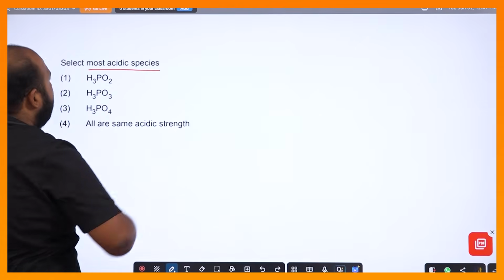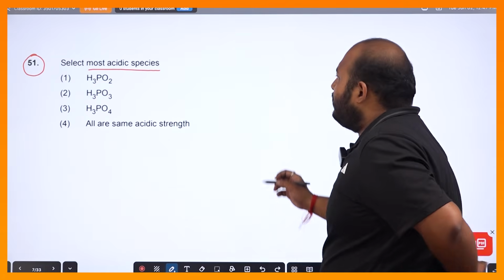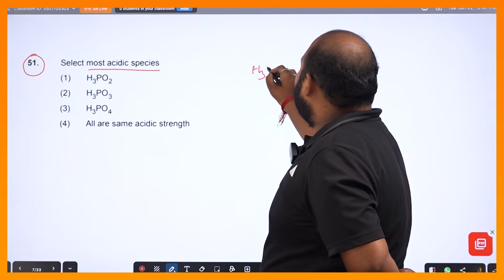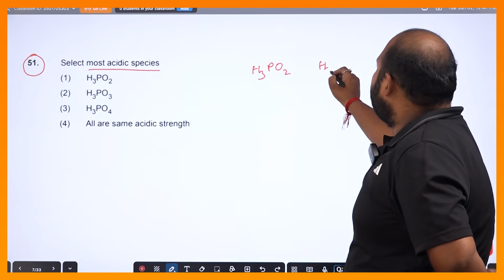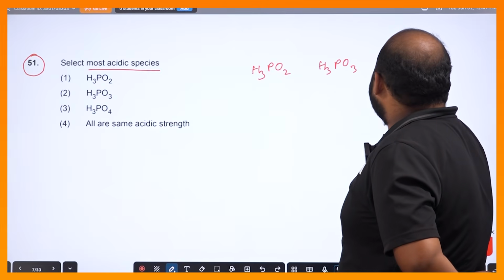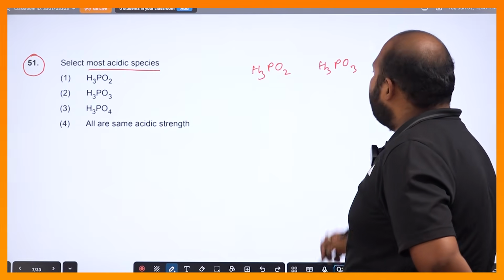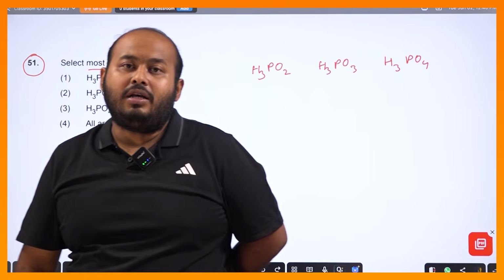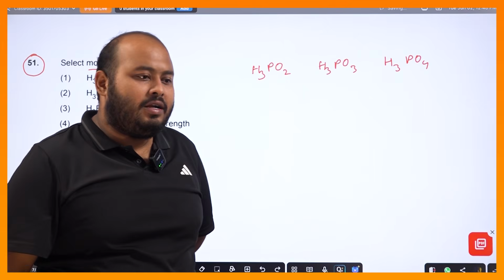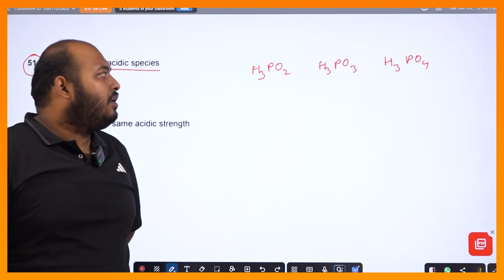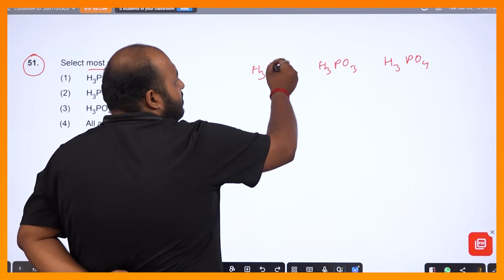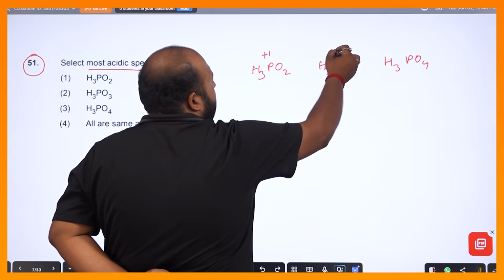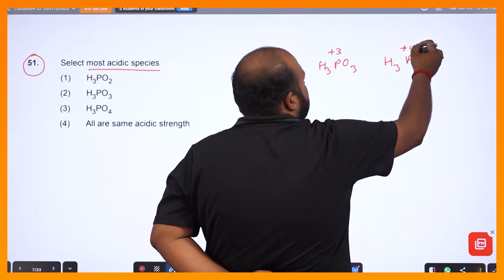It is asking to select the most acidic species. So this is a very good question. In this case, we have to compare the acidity of H3PO2, H3PO3 and H3PO4. Students, generally the acidity in these kinds of oxo acids is compared using the oxidation states. If you compare the oxidation states, it will be +1, +3 and +5.